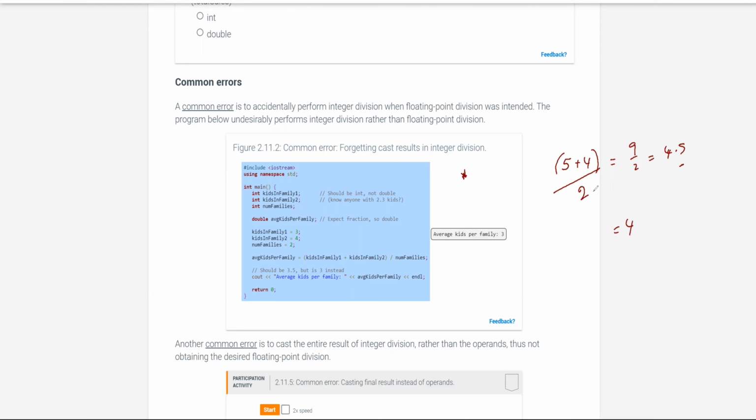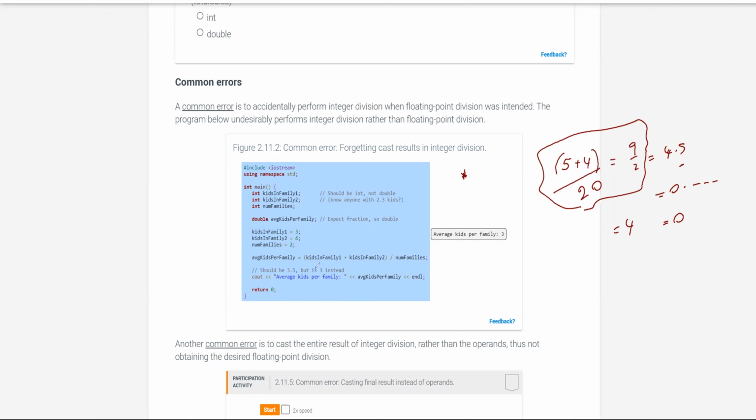Or if I have 20 families and this is the only number of children, it's supposed to give something like point something on average. But instead of point something, you will get the answer 0 if you have only the integer without converting this. So this is one common mistake that people make.